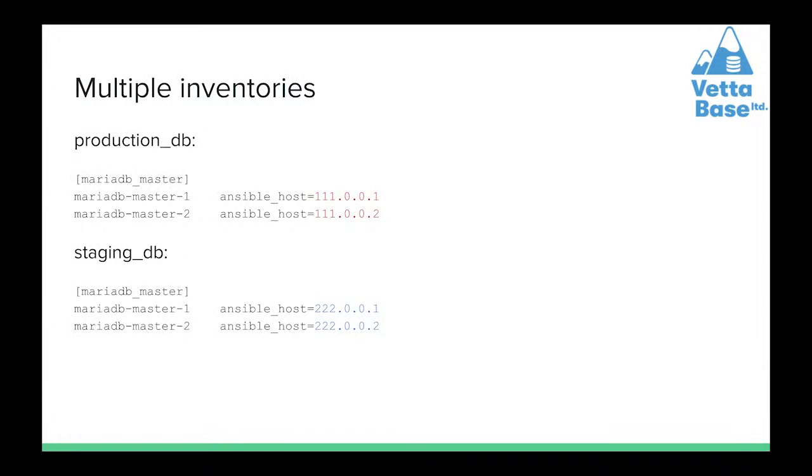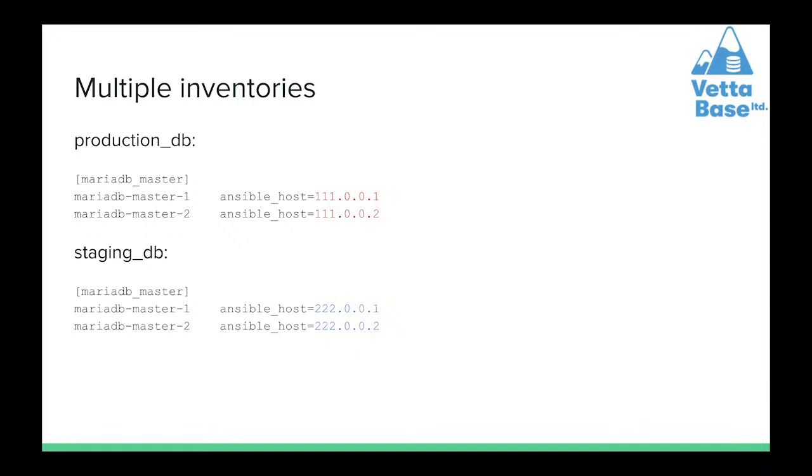You can have, and probably you should have, multiple inventories. So for example, you could have one inventory for production and one for staging, but actually it's also recommended to group inventories by functions.